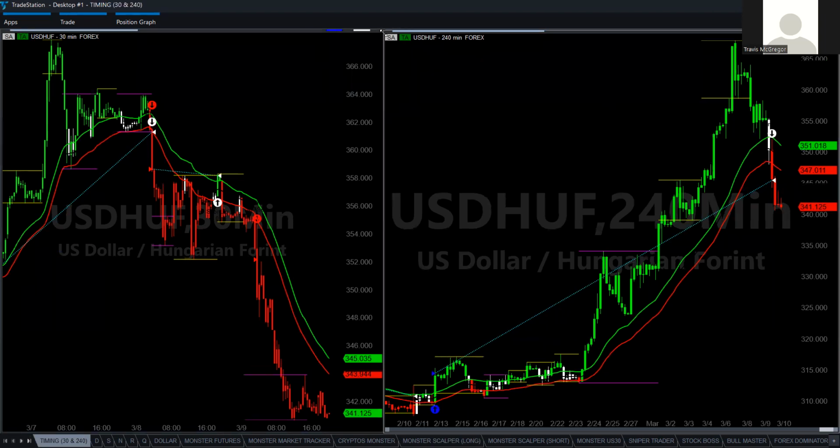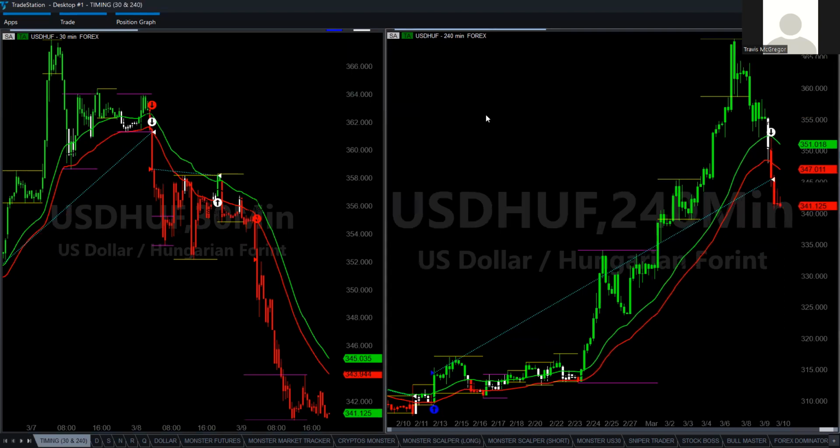anything to be gained in terms of confirmations if, let's say, you've been in it on the 240 and you're not sure if it's going to continue long, but then you look at the 30 or the 60, or maybe even a longer time frame like a weekly or a daily, and it has just given a buy signal on those to go long, if that makes sense.